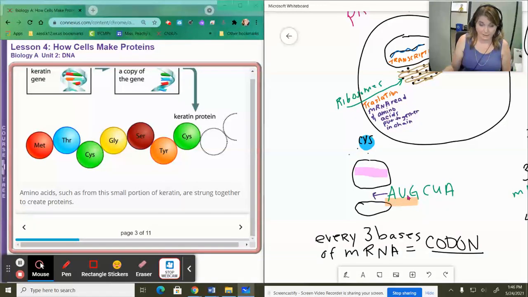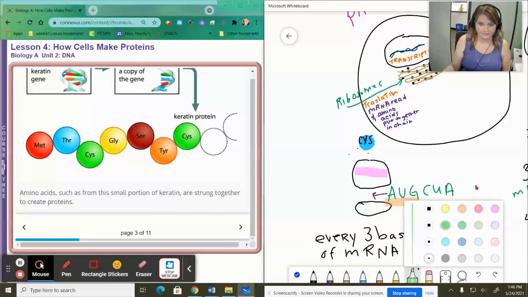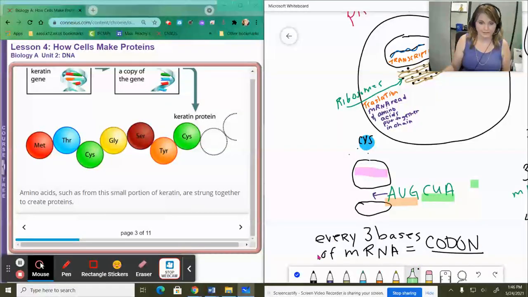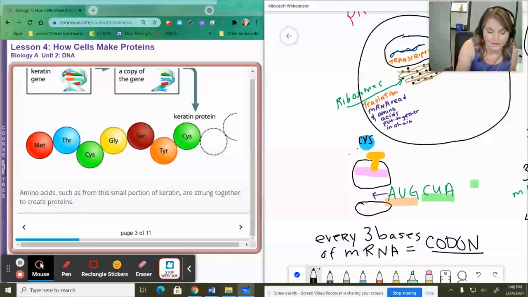This strand continues to get fed through the ribosome to read the next codon, CUA. Then another tRNA molecule comes into play, and it's going to have the anticodon to match CUA.